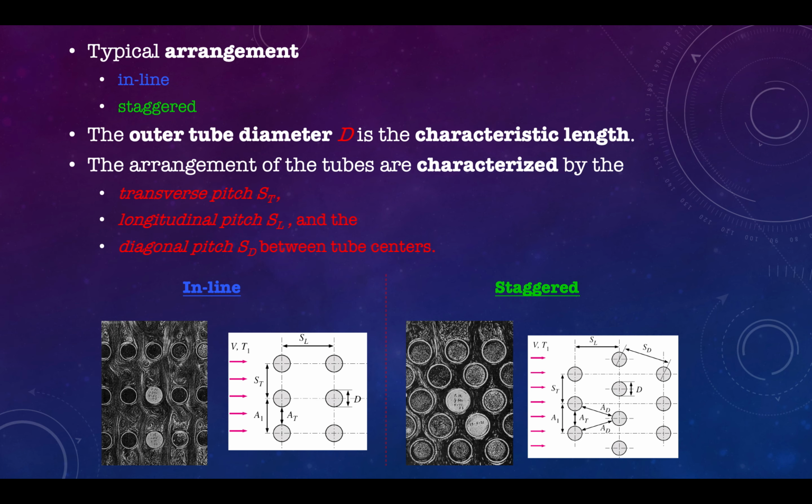The arrangement of the tubes is characterized by, first, the transverse pitch ST, which is the distance from the center of one tube to the center of the next across the flow. Then the longitudinal pitch SL.